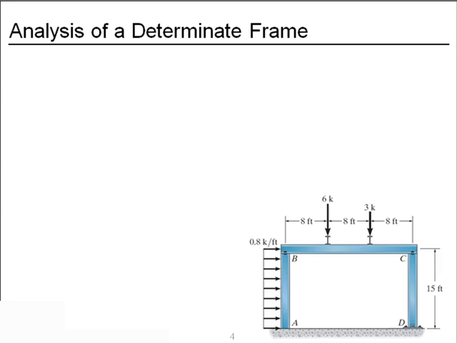Now step 2. Divide the structure. We'll cut it at each of the pins and away from the supports. So we have the left member AB, middle member BC, and the right member CD.